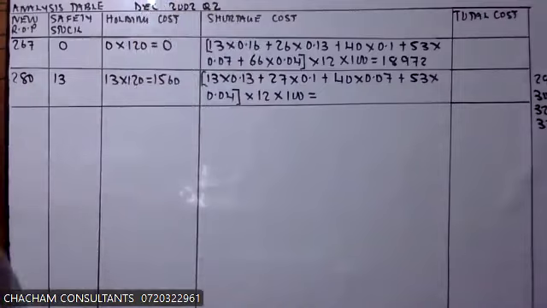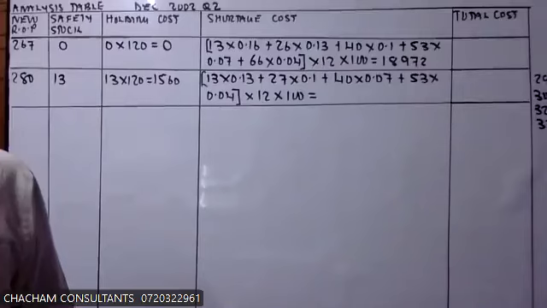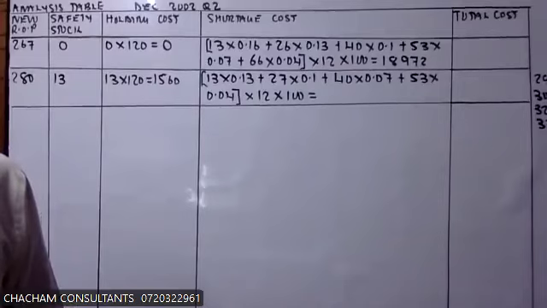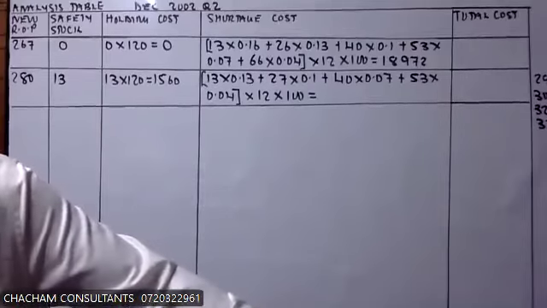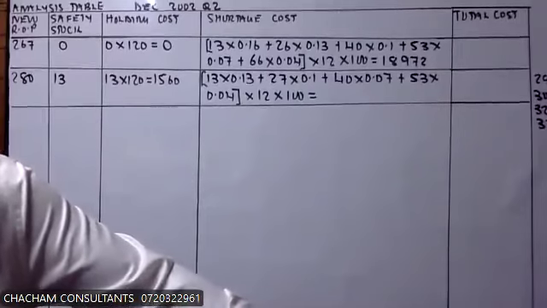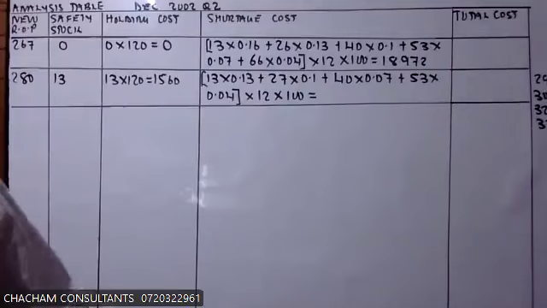Now give me that cost there. Cost of shortages. $11,172.